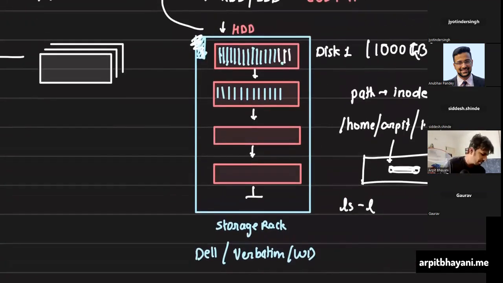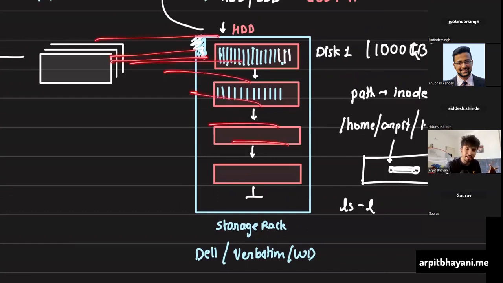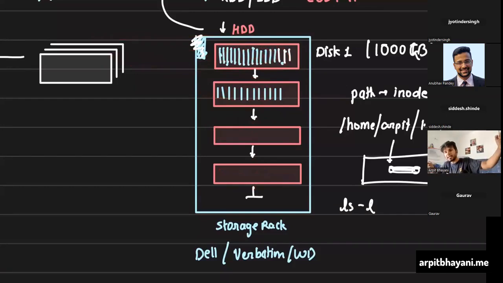But here you see how beautifully this fits together as purely elastic storage. Now, this is one storage rack that we are talking about. Writes are coming in from your users, going into the storage rack, right? One hard disk fills up, it moves to the next hard disk, and the next, and the next. Now I can add as many disks as I want.